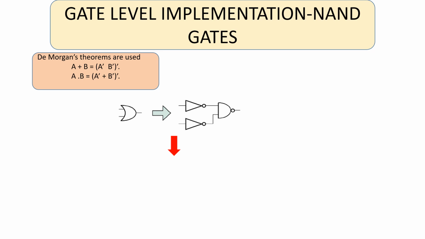Inputs to the NAND should be A bar, B bar. An OR can be constructed as a NAND gate with two bubbles at the input. Similarly, an AND can be constructed as an OR with two bubbles at the input and a bubble at the output.